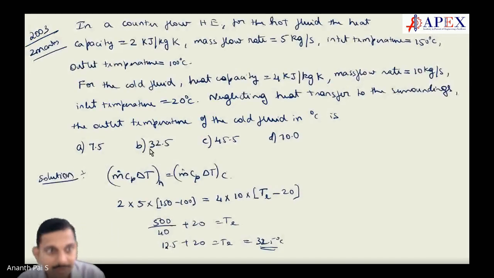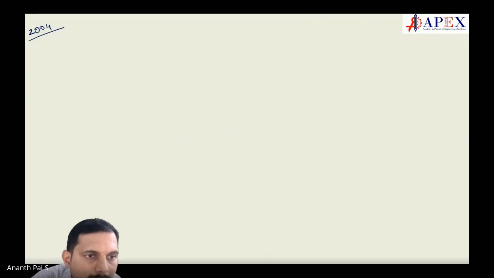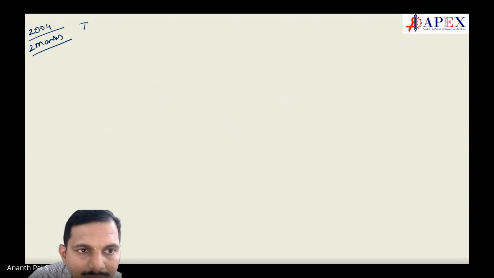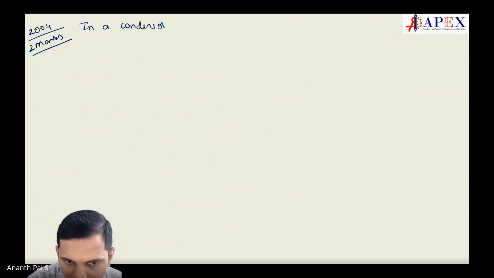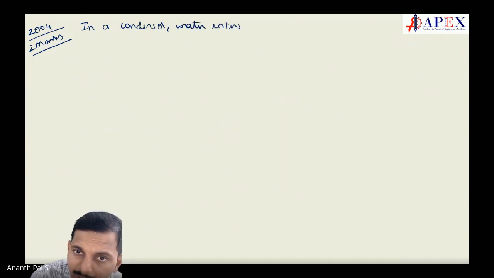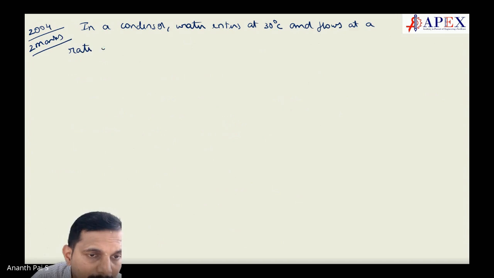That time it was 2003. Did I write it? Yes. 2004, 2 marks. The question is like this: in a condenser, water enters at 30 degrees centigrade and flows at a rate of 1500 kg per hour.